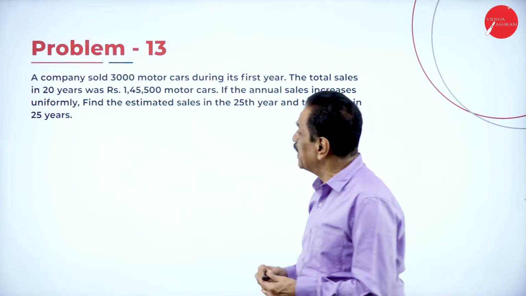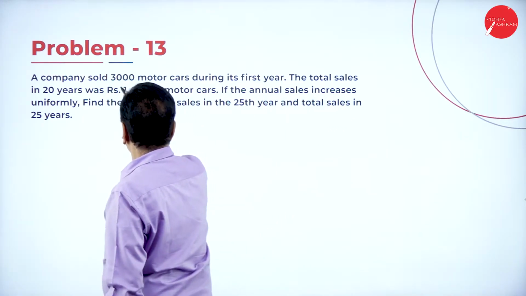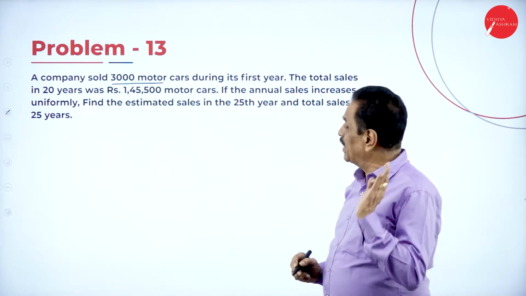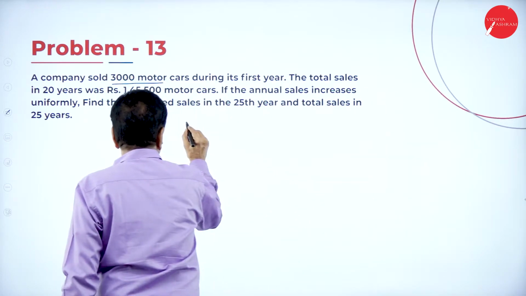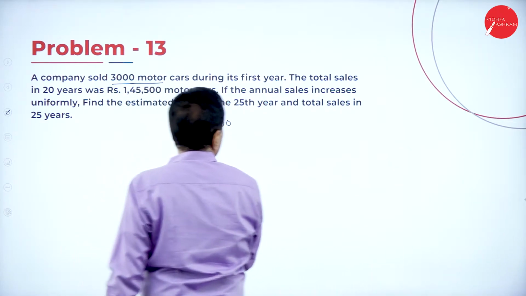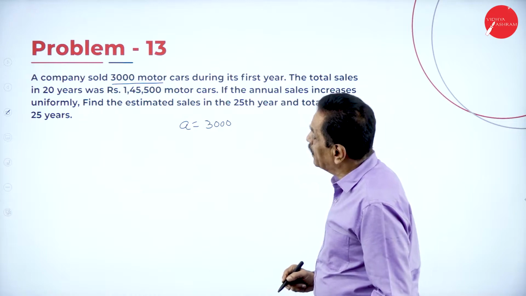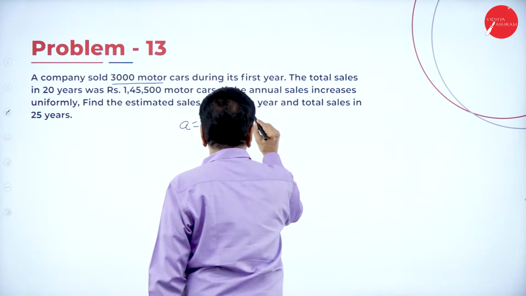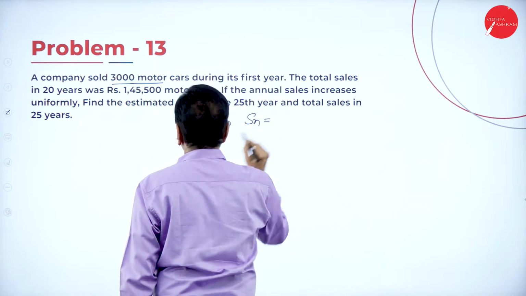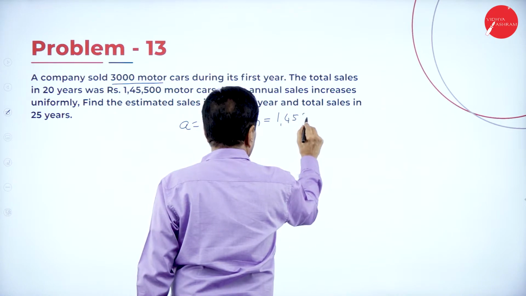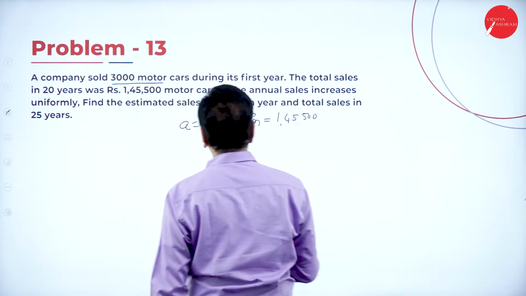A company sold 3,000 motor cars during the first year. First year means A. A is equal to 3,000. The total sales in 20 years was 1,45,500. SN is 1,45,500 in how many years?